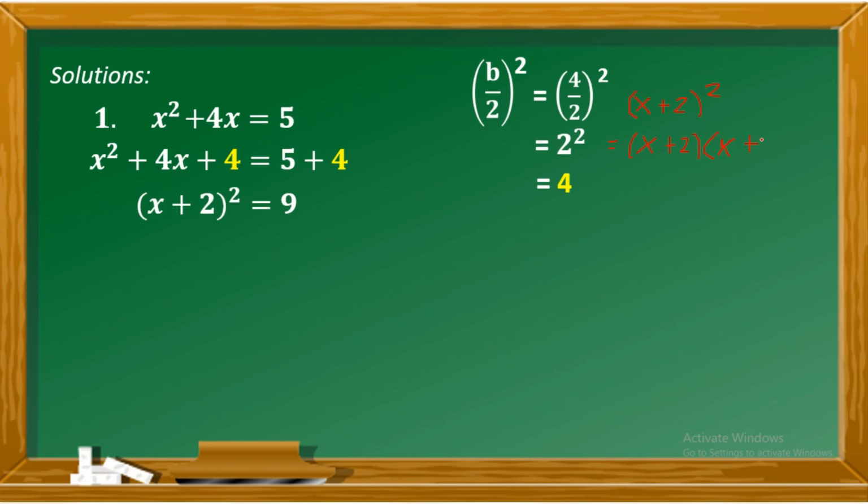Tapos, pag tinimes natin yan, gamit yung FOIL method, x times x, magiging x squared. x times 2 magiging 2x. 2 times x naman, 2x ulit.